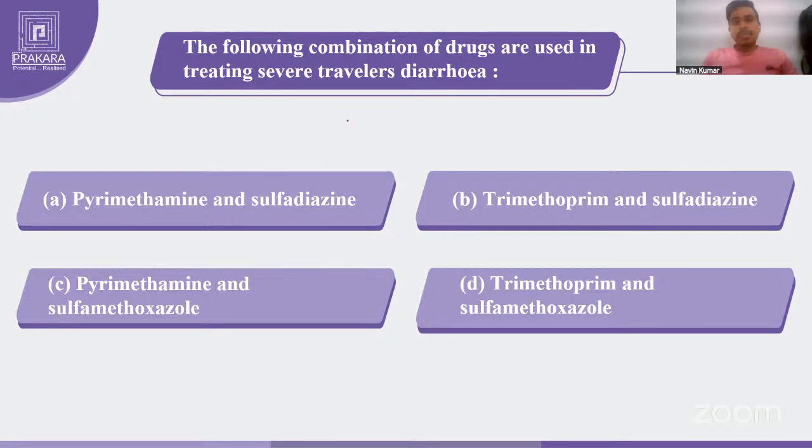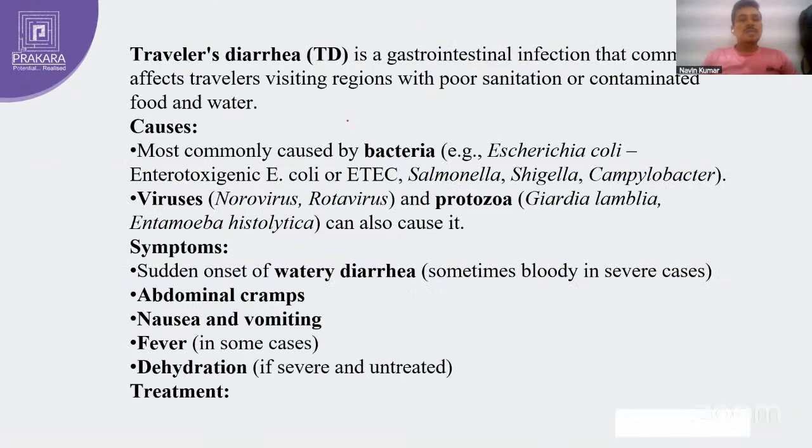It usually heals with normal medication. It's mostly caused by E. coli or different kinds of bacteria like Salmonella or Shigella. Sometimes it can be due to viruses or protozoa.